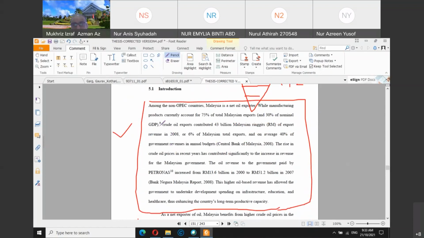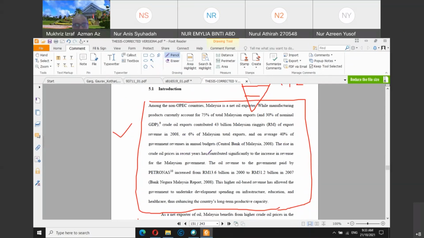So maybe the first paragraph will be about online shopping, online purchase worldwide. In the US, you can get some statistics on how much online purchase has risen before the pandemic compared to during the pandemic. So you need to provide some data, some statistics that you can cite from credible sources, from newspapers.